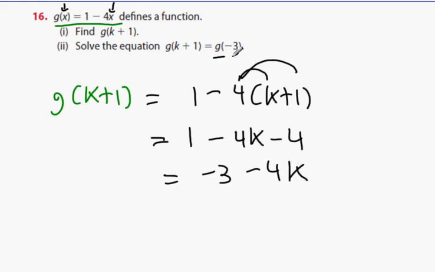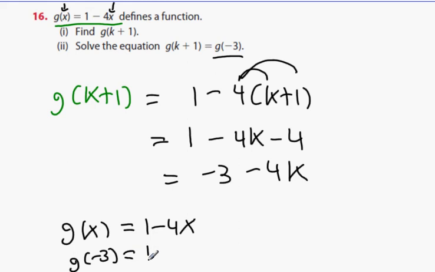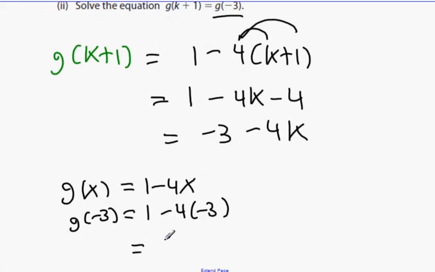Now, what does g of minus 3 mean? G of minus 3. Anybody? Find the output when the input is minus 3. What happens next? We get 1 plus, what's minus 4 times minus 3? Plus 12, which is 13.